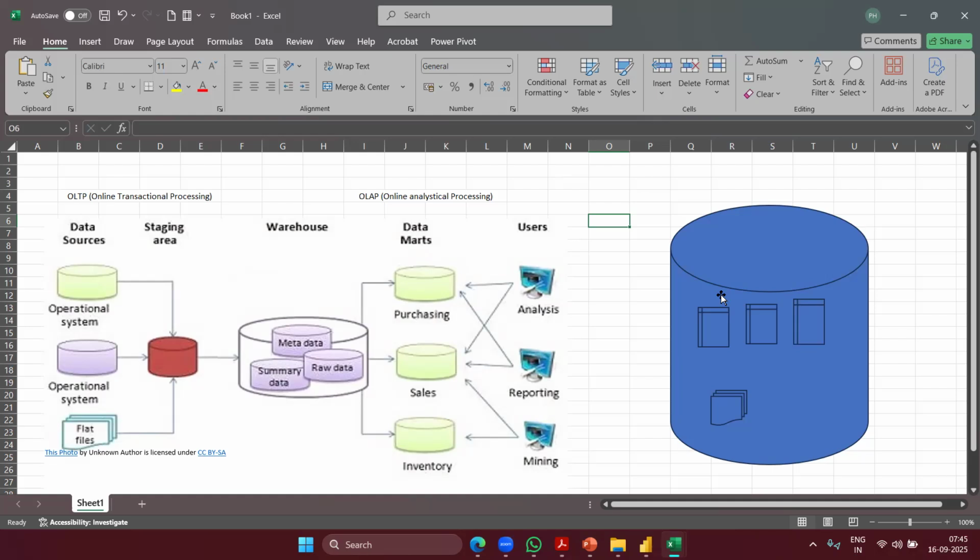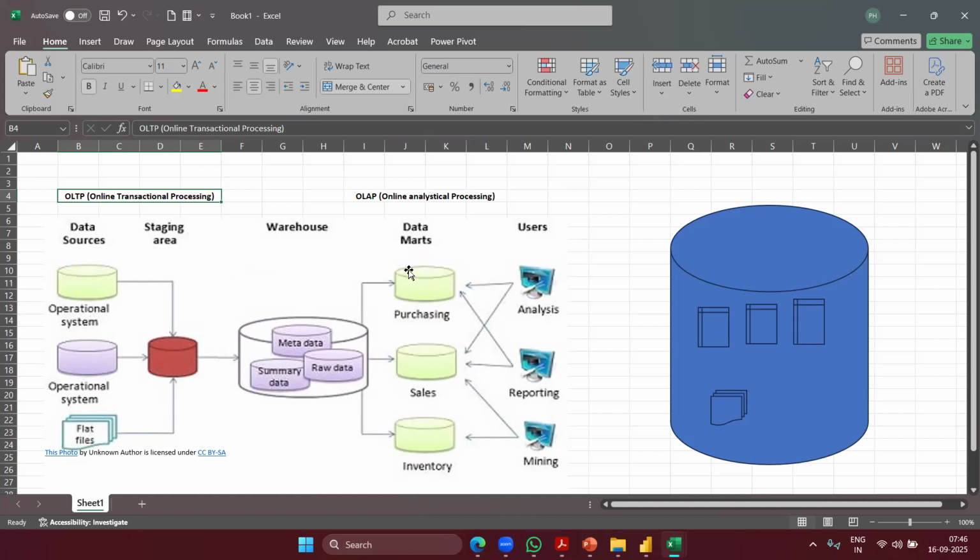Now, how to design the data warehouse? That is the question. Okay, boss, fine. You said that I need to separate, I need to take a copy from the operational systems, keep it in the warehouse, and use it.